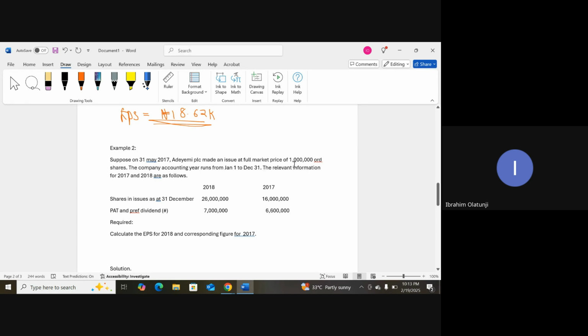Then the existing shares that you have here, what is the existing share that you have?